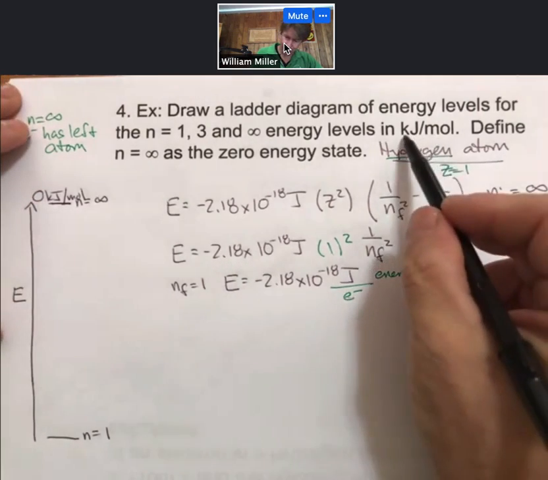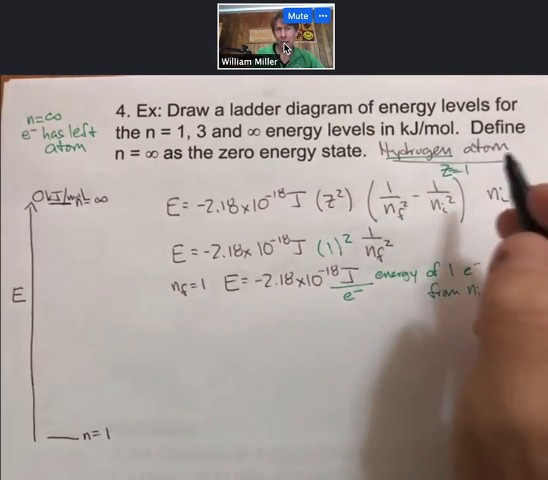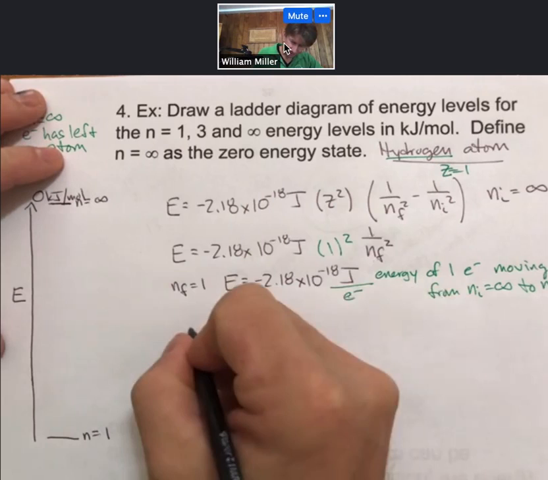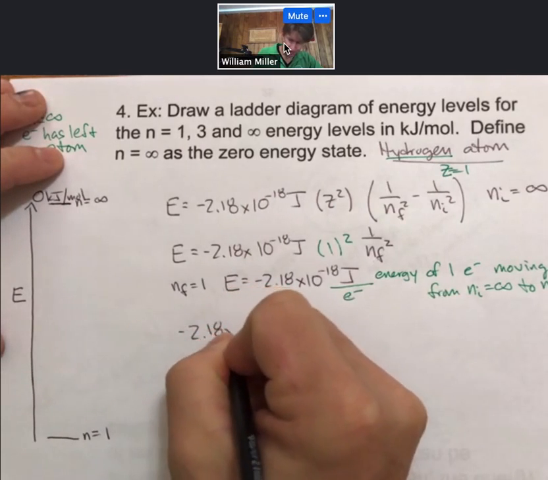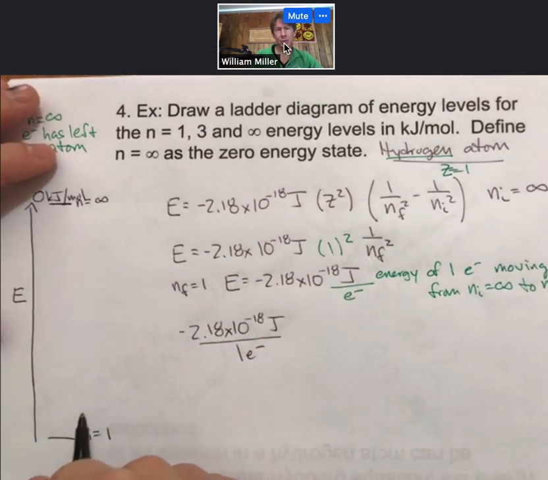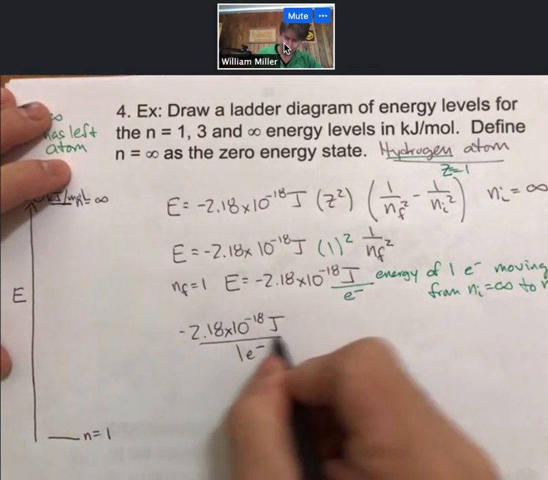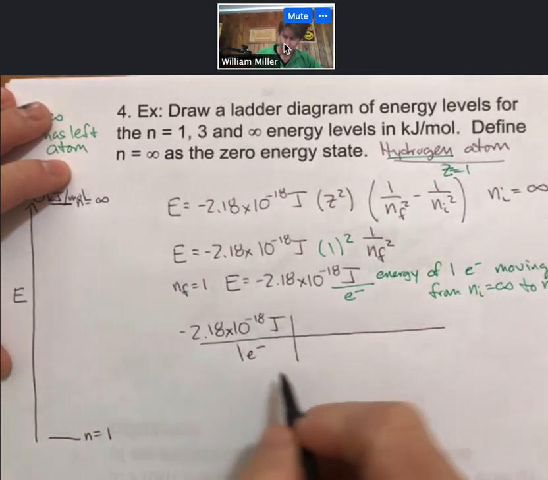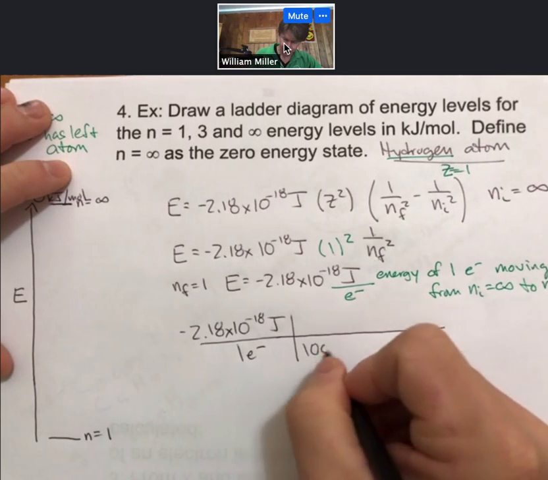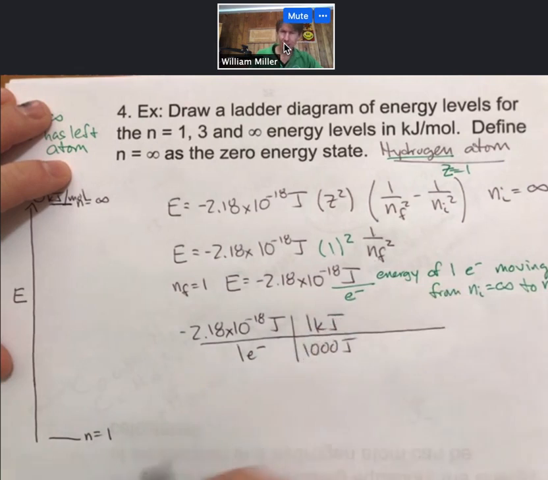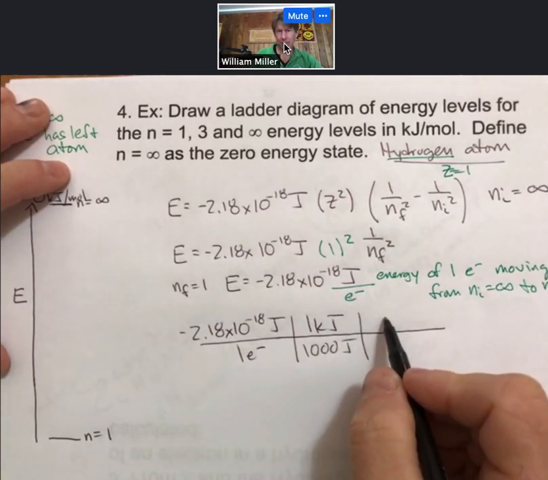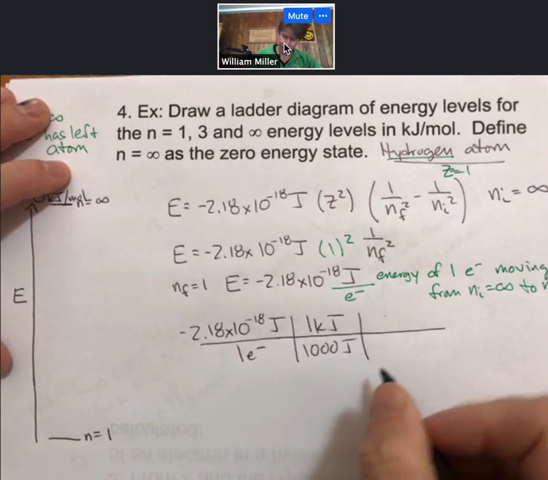Now we need kilojoules per mole. So let's do this process. So we have joules per electron, and minus 2.18. We'll expand it to be joules per one electron. That's the same thing, but longer line. And now we will change joules to kilojoules, 1,000 joules is 1 kilojoule, and 6.022 times 10 to the 23rd electrons is 1 mole of electrons.